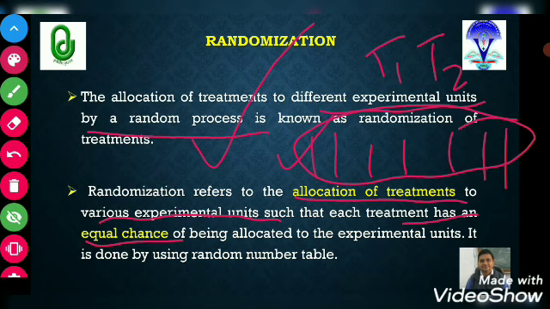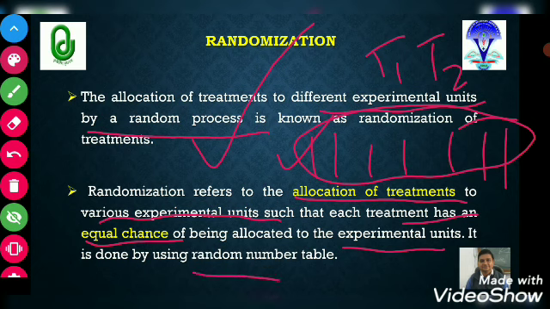What is random? We have already seen random when we were discussing sampling design. Random means each and every treatment should have an equal chance to be applied on each and every animal. So that is called randomization. Each treatment has an equal chance of being allocated to the experimental unit.